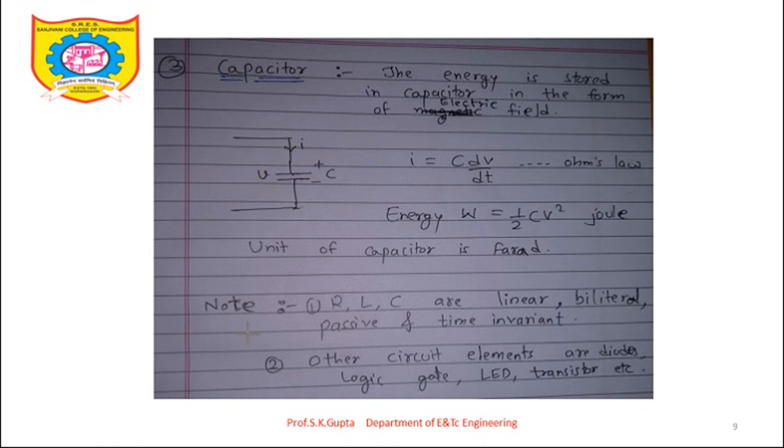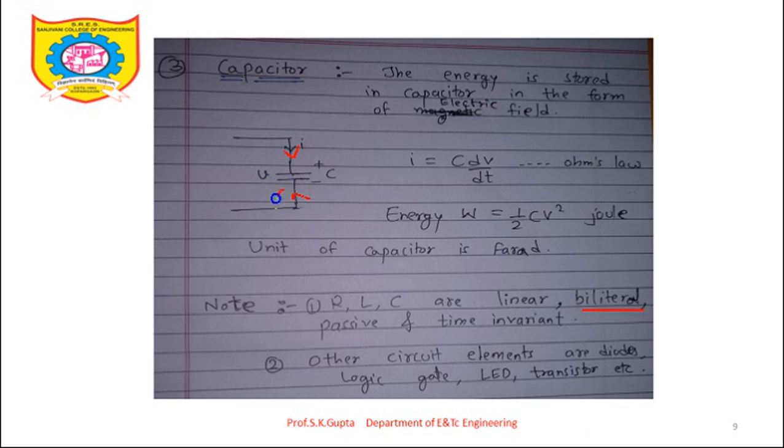Now an important note: first, these R, L, C elements are linear, bilateral, passive, and time invariant. Linear means they follow a linear relationship. Bilateral means current can flow in both directions. In a capacitor, current can flow in this direction as well as in this direction.